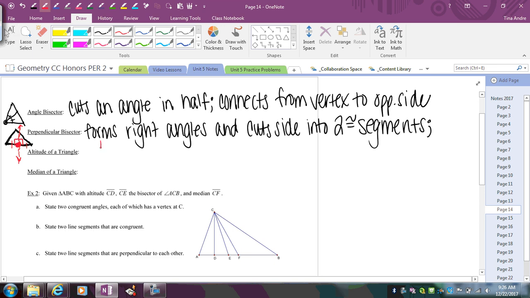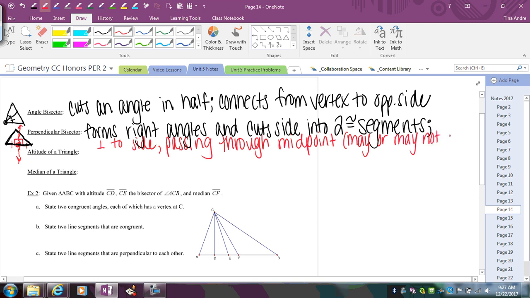So it has to be perpendicular to side passing through midpoint. And it may or may not cross through vertex.